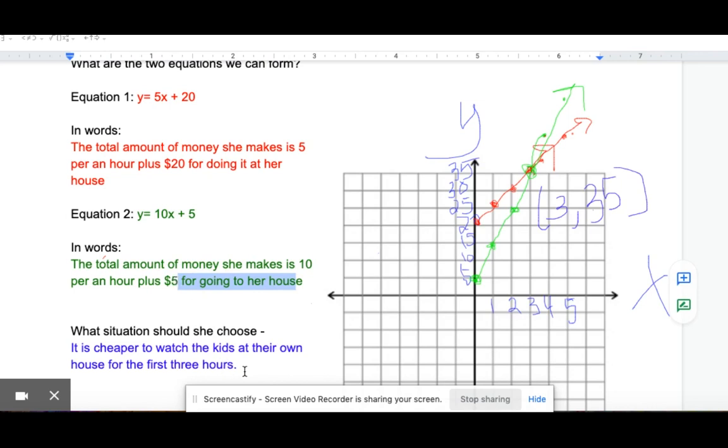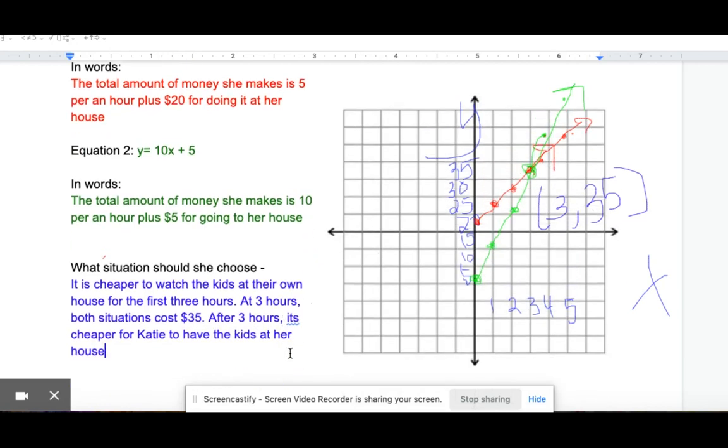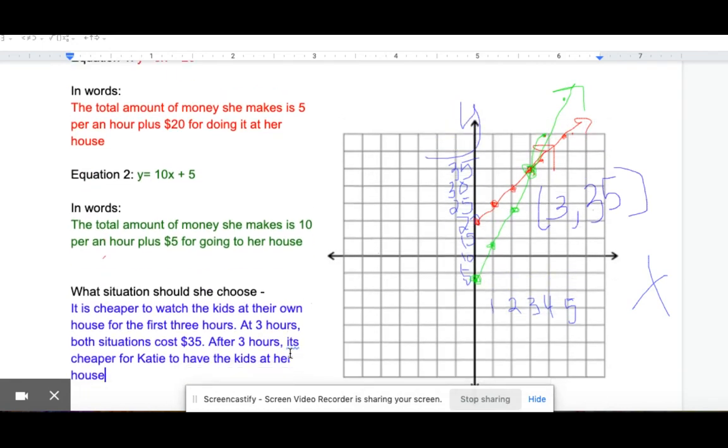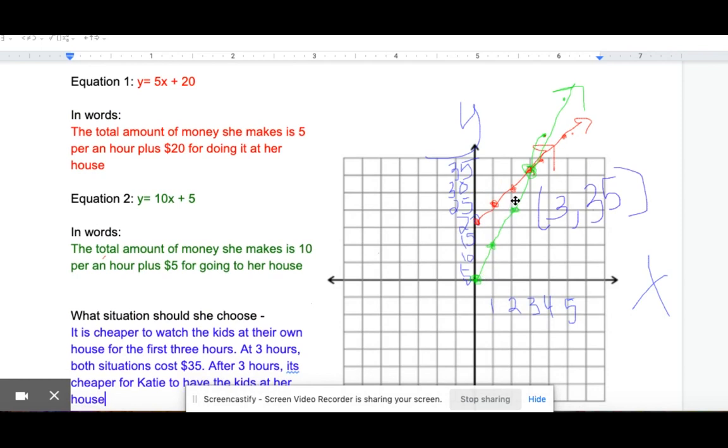But then at 3 hours, both situations cost $35. And then after 3 hours, it's cheaper for Katie to have the kids at her house. Because the graphs switch, where this was cheaper for a while, and then the red one becomes cheaper after that, after they intersect.